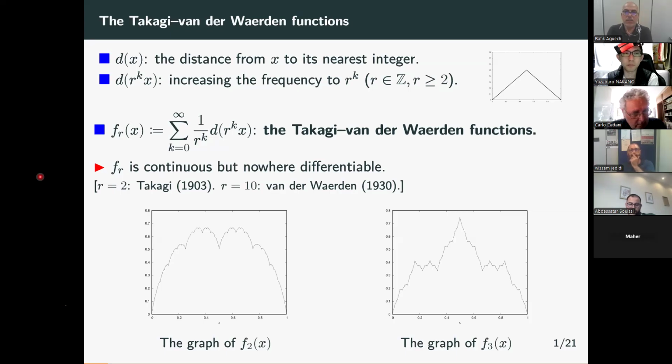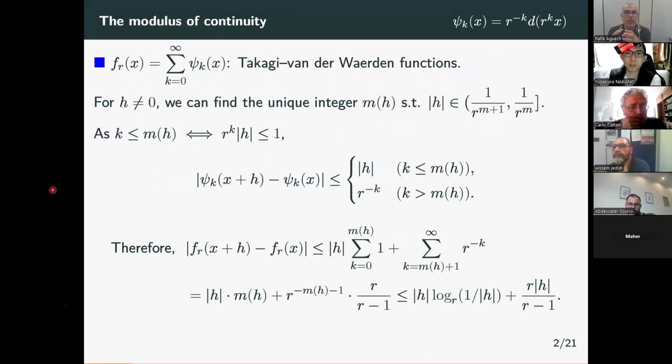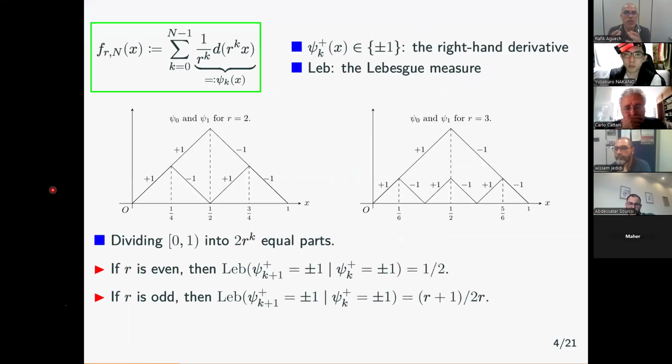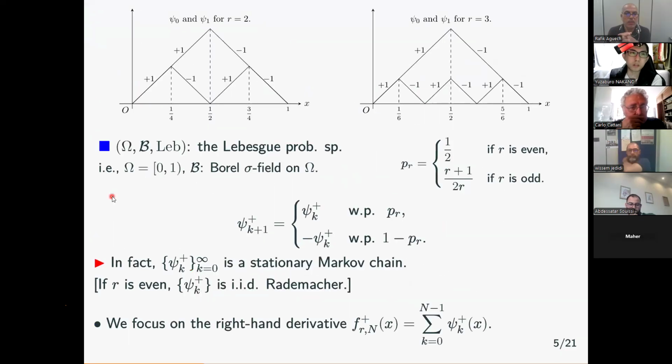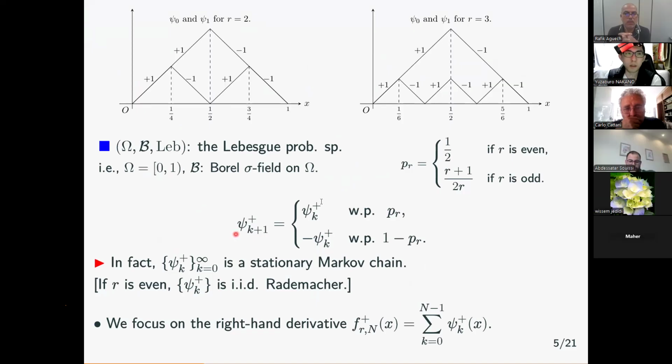I have a general question. The results strongly depend on whether R is even or odd. What is the deep reason behind this dichotomy? Why do the asymptotics change with the parity of R? Yes, the reason is the property of psi plus.